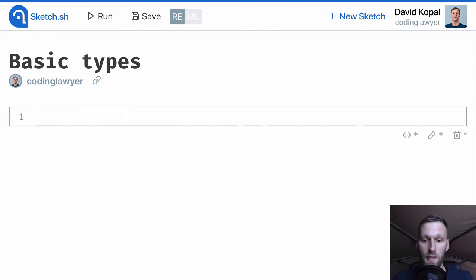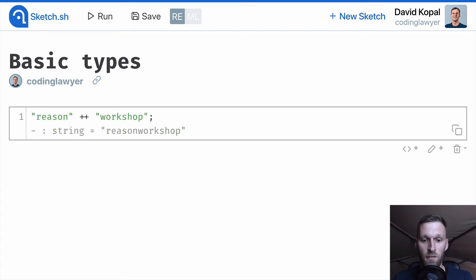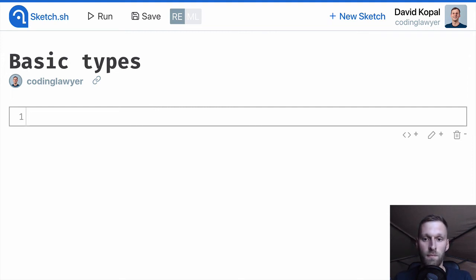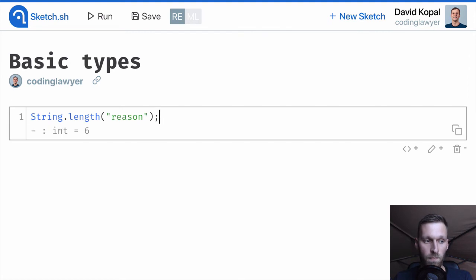We can also concatenate two strings together. And you can see we use an infix double plus operator to do that. We can also use a built-in method to get the length of the string. And you can see we got 6.